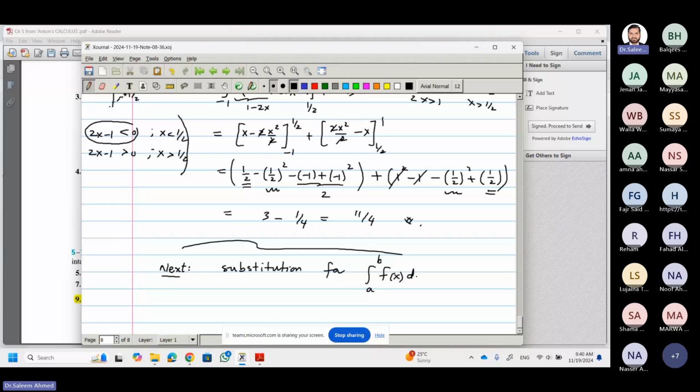Of course, we can use substitution, but it will be a little different than the regular one. We did substitution in 5.3, but now we will do it again for definite integral. I think it is section 5.8 or 9 maybe.